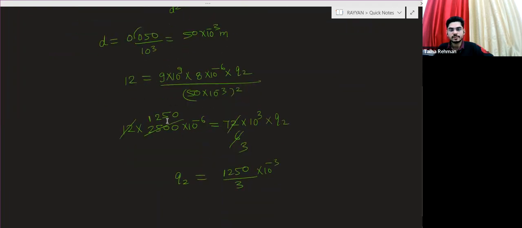I think this is 12, and this is 5, 5s are 25, and 20, it is 10 to the power minus 6, and this is... wait, will it be 0.4166? No, this is okay, and this is 10 to the minus 10 to the 3, and this is Q2. I think answer is correct.